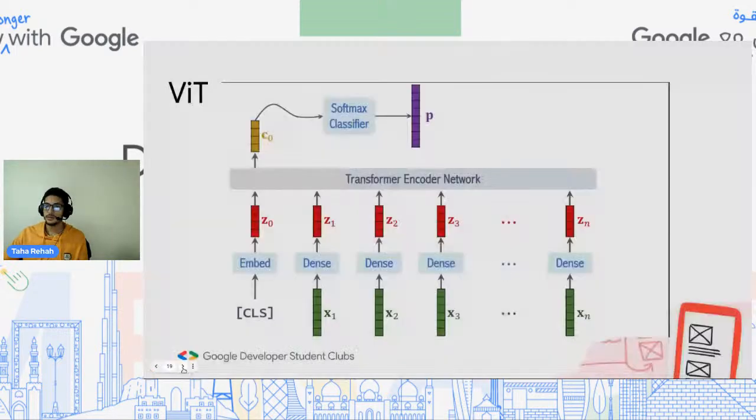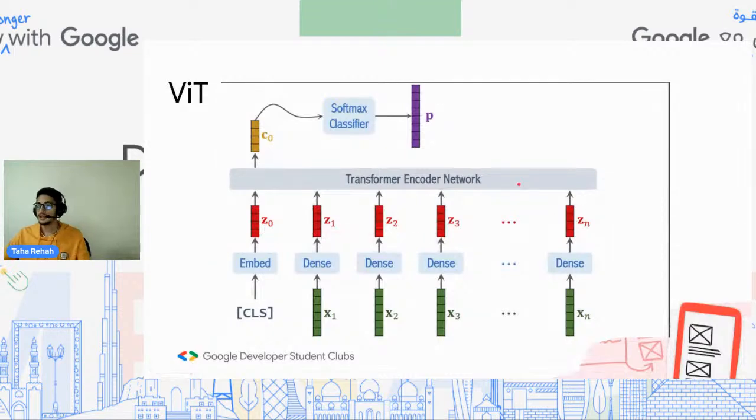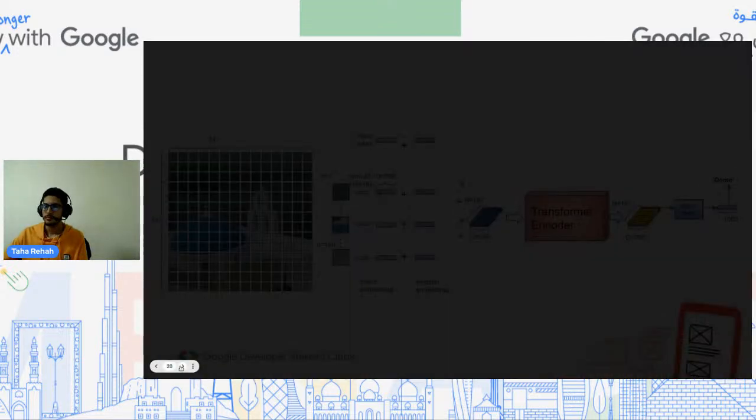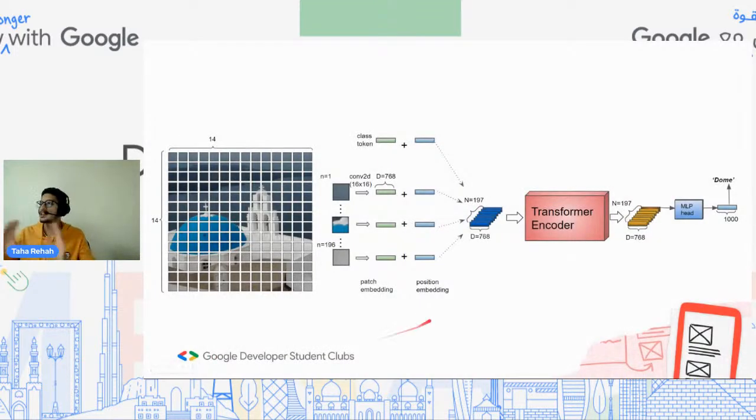By the end of the transformer encoder network, I'm going to link a softmax classifier. That softmax classifier is going to tell me which class the input belongs to. So that's the schema of what we are going to build today.